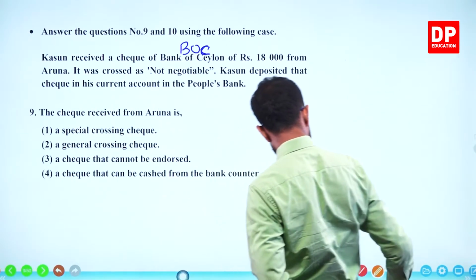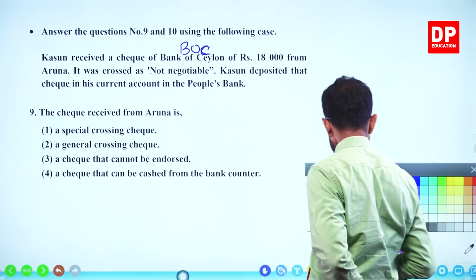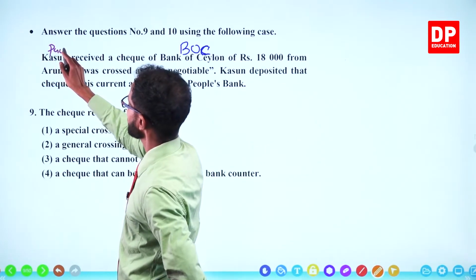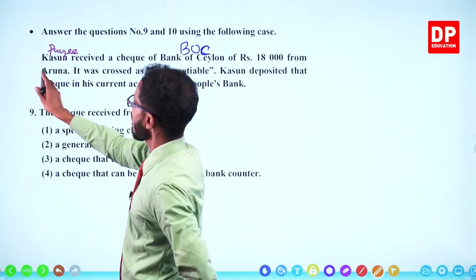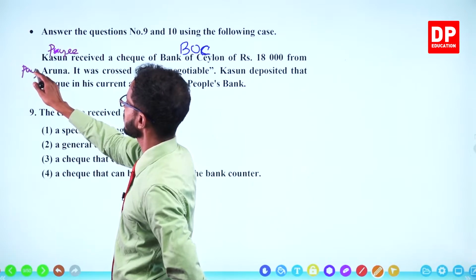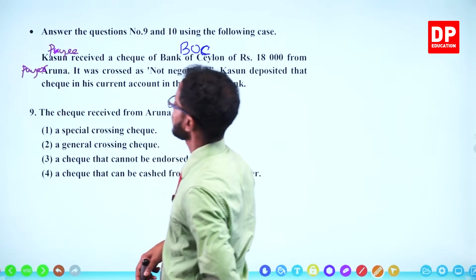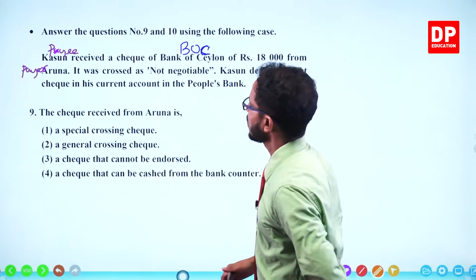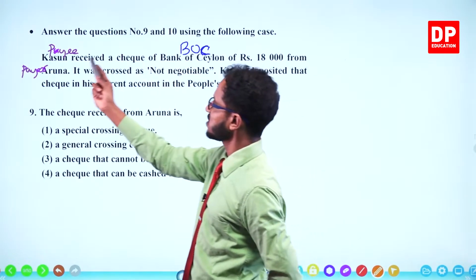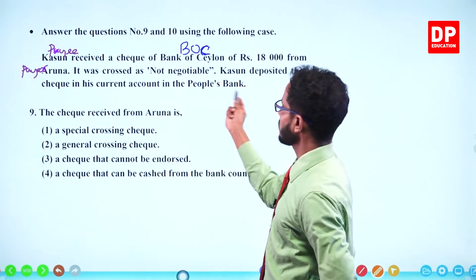Now, who's Aruna? Who's Kasun? Kasun is the payee. Aruna is the payer. It was crossed as not negotiable. Kasun deposited that check in his current account in the People's Bank.